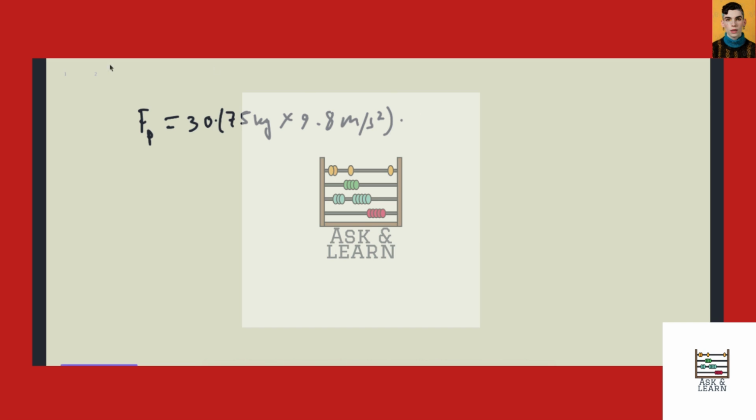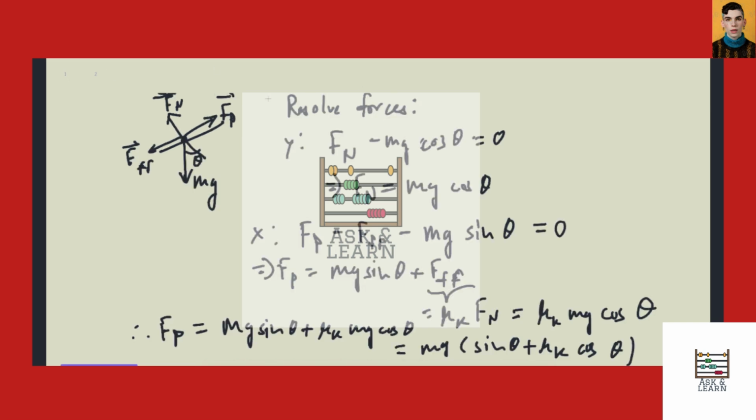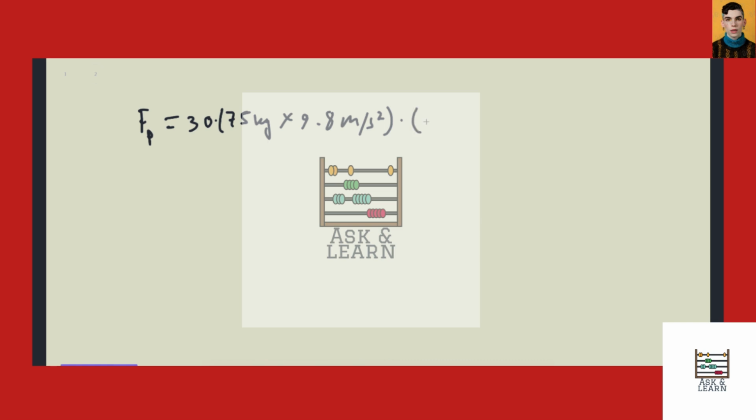Then multiply that by sine 23, since theta is 23, plus mu sub k, which is 0.1, times cosine 23. This gives us approximately 10,645 newtons for the pulling force that is exerted.